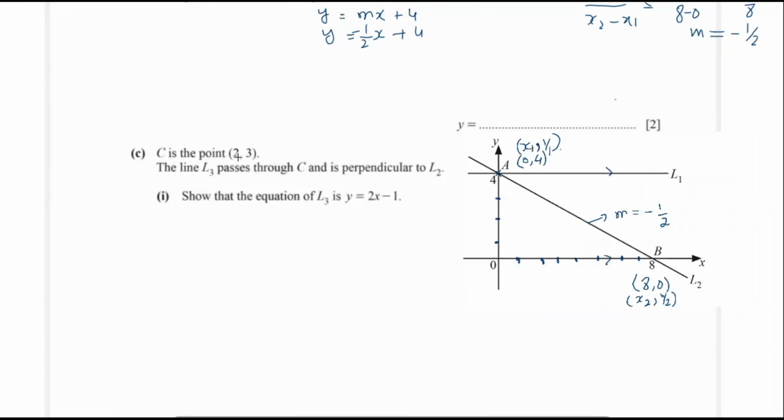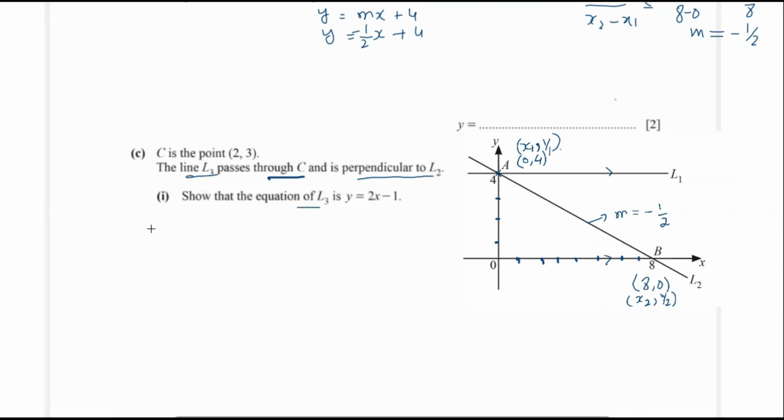Part C. C is the point (2, 3) and the line L3 passes through point C and is perpendicular to L2. Show that the equation of L3 is y equals 2x minus 1. Now, first, the line L3 is perpendicular to L2.